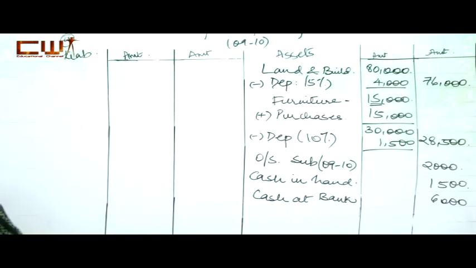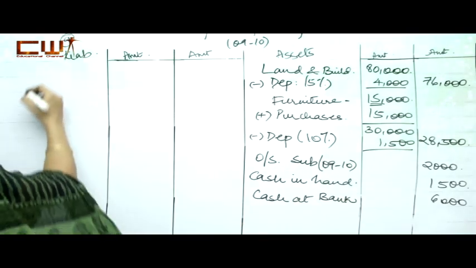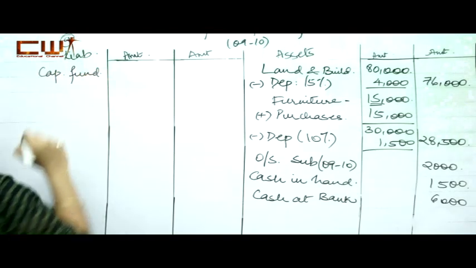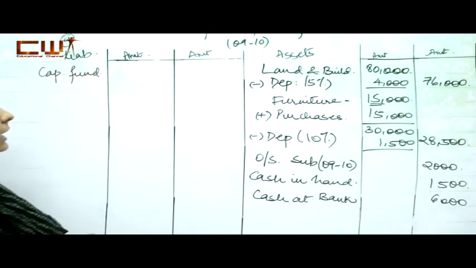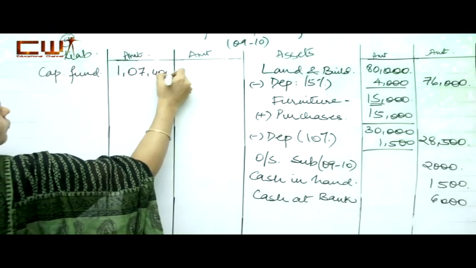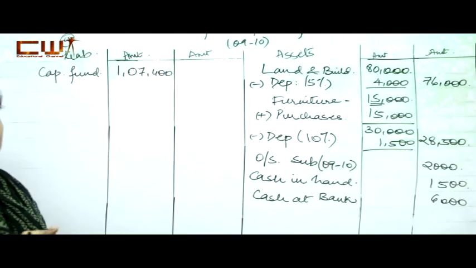Move on to the liability side. In the question they have given the capital fund. How much is the capital fund given to you? 1,07,400. In the question, did you capitalize anything?